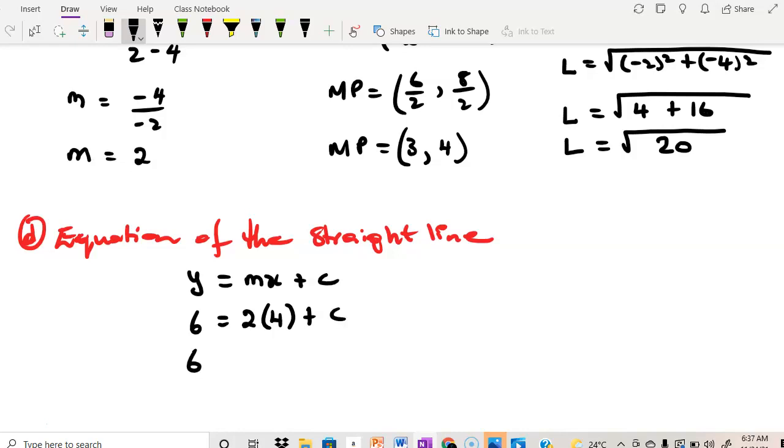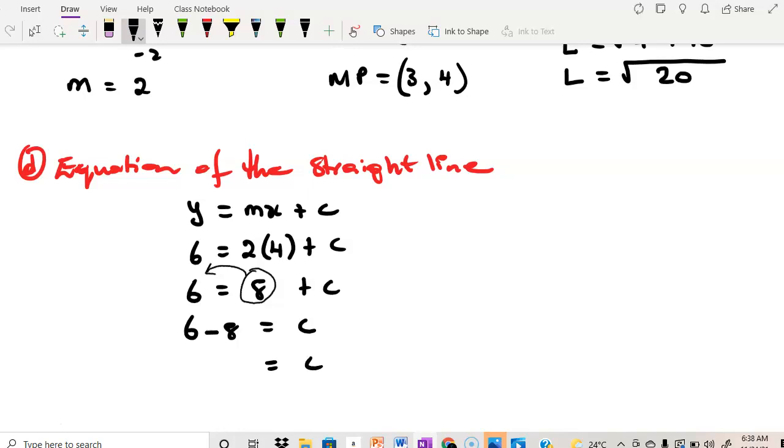So we have 6 is equal to 2 times 4, 8, plus c. And here we go, guys, we're going to transpose. In other words, we're going to carry the 8 over to the other side. So what we have here is 6 minus 8, which is equal to c.